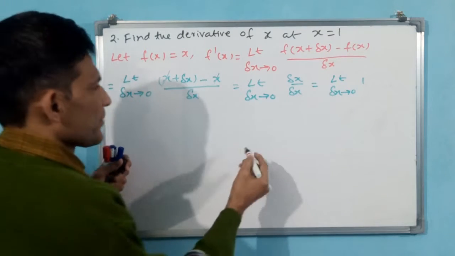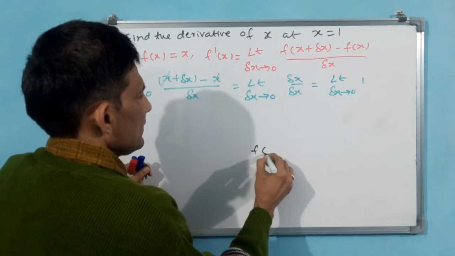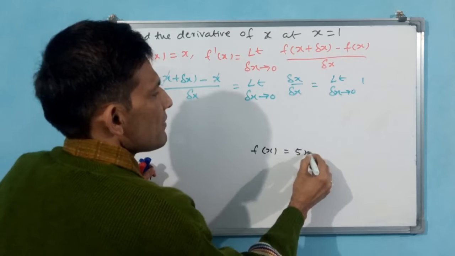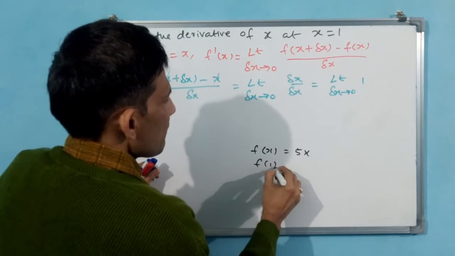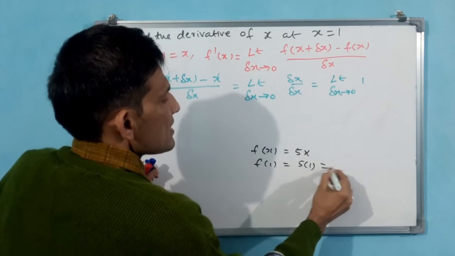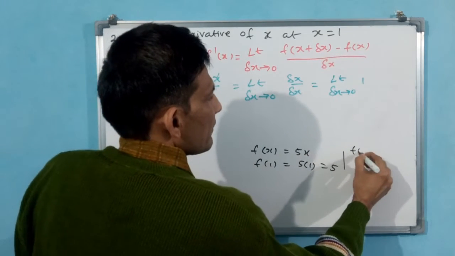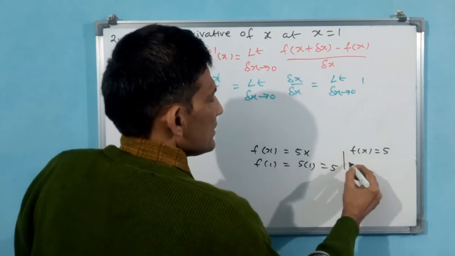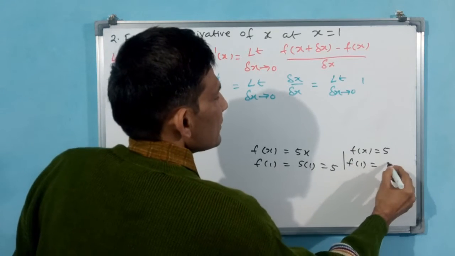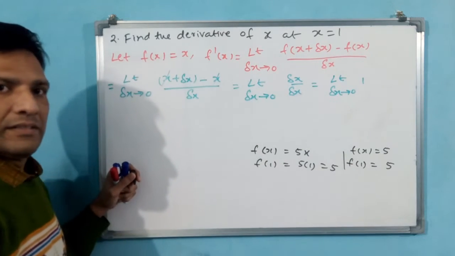Now you think like this. You see here, f of x is equal to 5x. f of 1 is equal to 5 into 1, that is equal to 5. This is one case. If f of x is equal to 5, f of 1 is equal to 5 only.